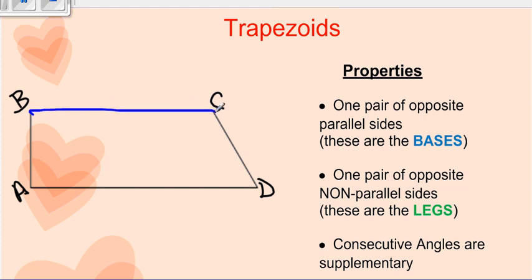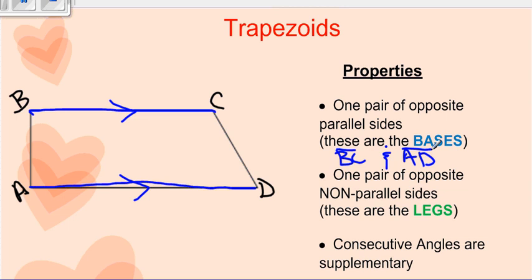Okay, so this BC and AD would be considered the bases because those are the two parallel sides that are there. So if I wanted to label those, I would of course use BC and AD. Remember, if we're talking about a segment, we put the line over top of the letters.